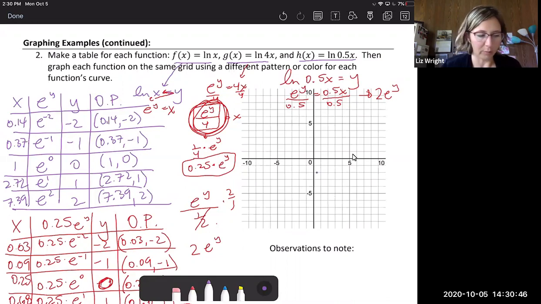And then 0.37, negative 1. And then I've got 1, 0. And then 2.72 comma 1. And then 7.39 comma 2.